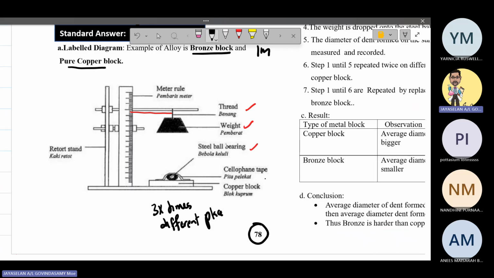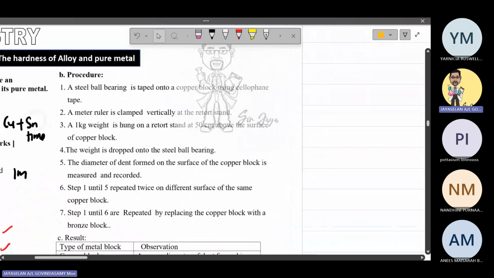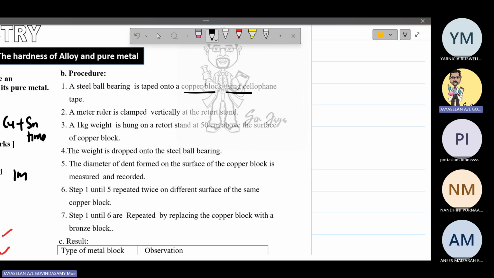After that, you repeat this with the bronze block. Where is the procedure? You all memorize the procedure. A steel ball bearing is taped onto the copper block using cellophane tape. You already score 1 mark. A meter ruler is clamped vertically at the retort stand.